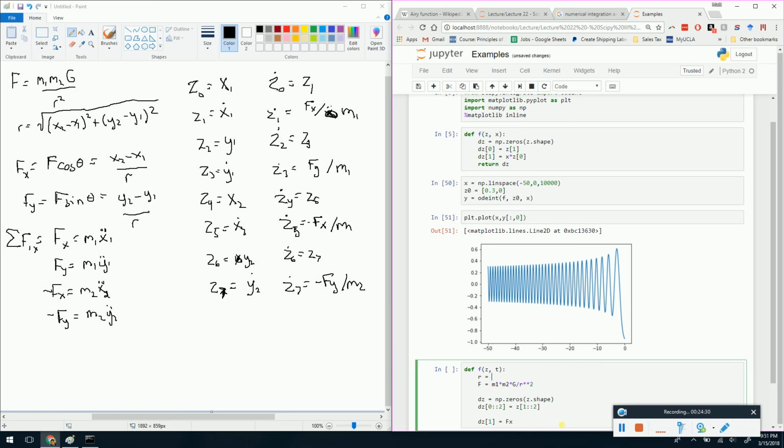R is equal to the square root of x2 minus x1. Well, let's find out what x2, x1, and all that stuff is. Is there a good way to calculate this? I'm not seeing it. So I'm just going to go ahead and make these substitutions here. x2 is z4 minus x1, which is z0.